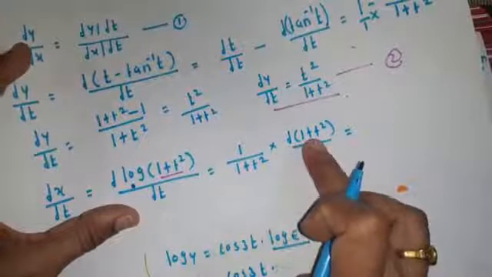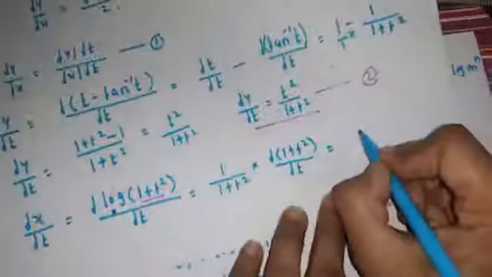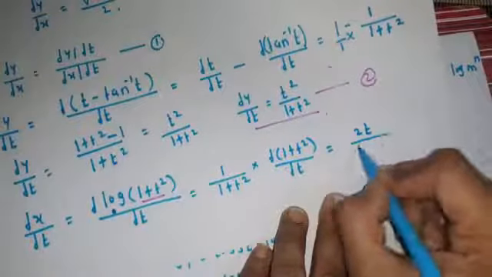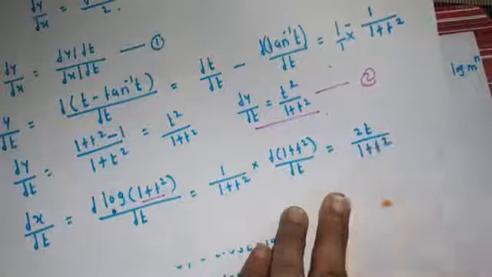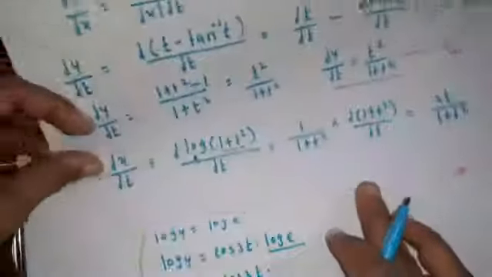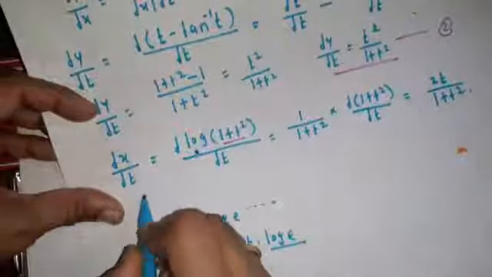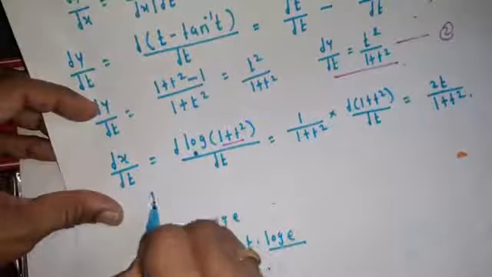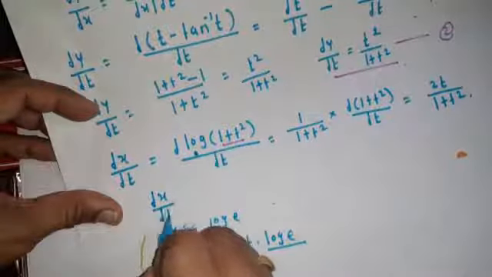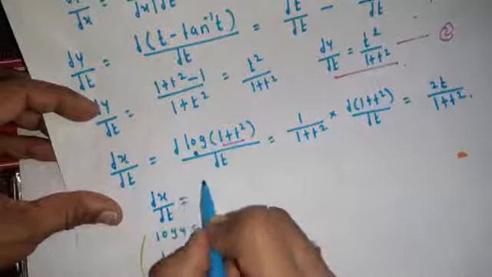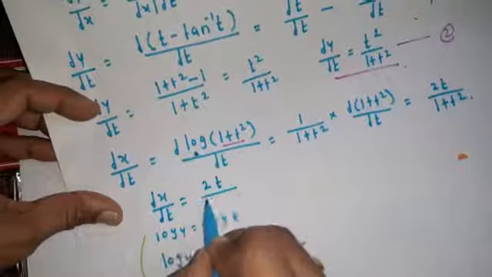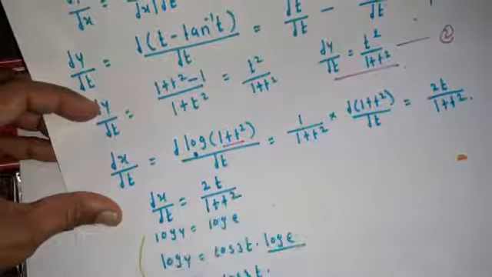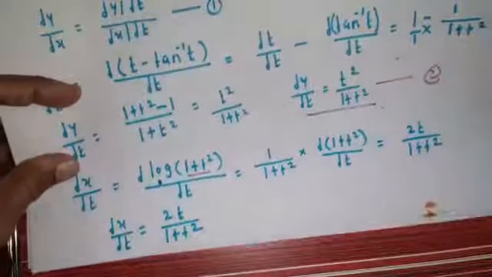Now plus differentiation of t square is 2t upon 1 plus t square, and therefore dx by dt is equal to 2t upon 1 plus t square. This is dx by dt.